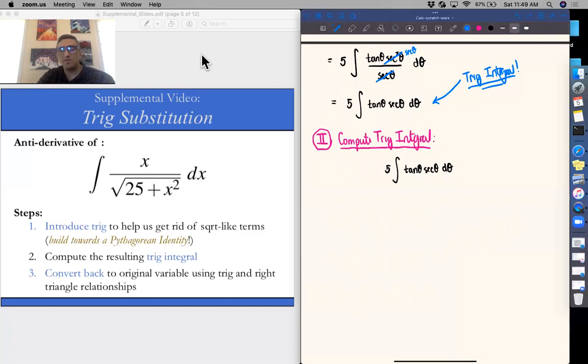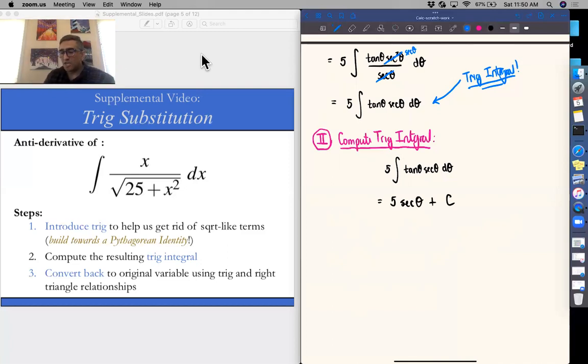So for this particular trig integral, I manufactured this problem so we weren't bogged down at this stage, because I didn't think this stage was really anything new. We've been doing a lot of these trig integrals. This is just the second act, computing this trig integral. So the antiderivative we get is 5 times secant of theta plus our integration constant C.